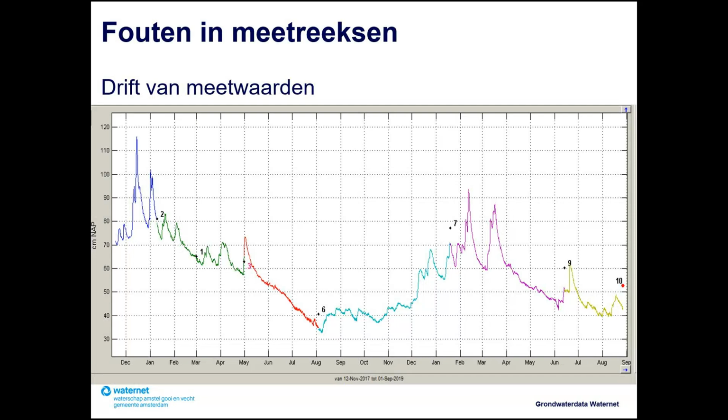And then you see in time that the difference between what the sensor measures, after calculation, and the hand measurements is slowly increasing. It used to be just 1 centimeter or so. It slowly increases. You can see at the end it's almost 10 centimeters, so that's sort of drift.